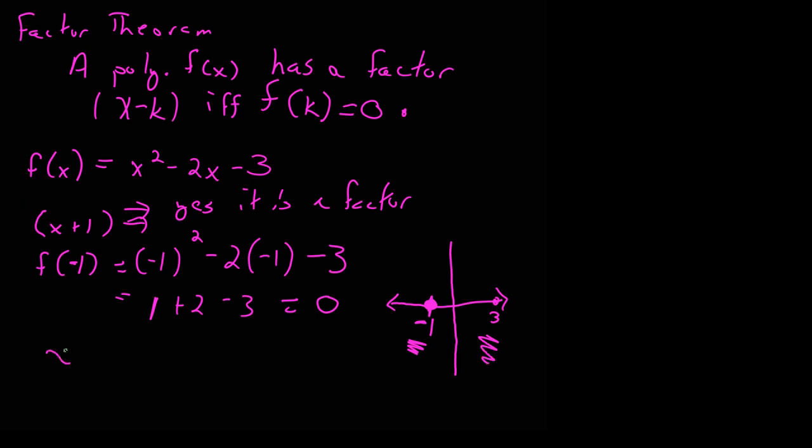Notice x plus 1 is the same as having a solution of x equals -1. And how we build polynomials, they're built from multiplication. They're built from multiplying these roots or solutions or zeros. The places where f of x equals 0, we work on multiplying them together as a list of factors.